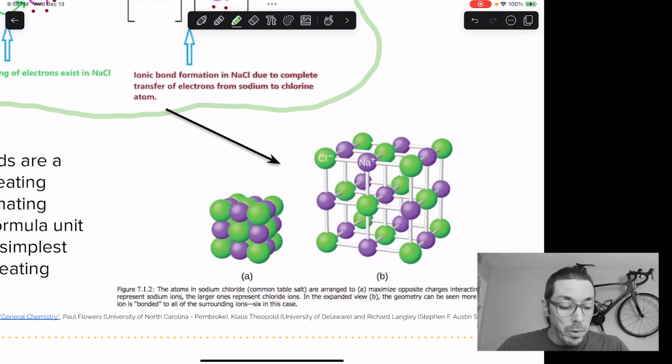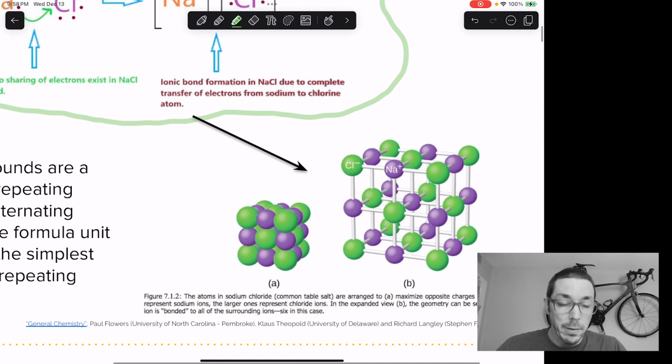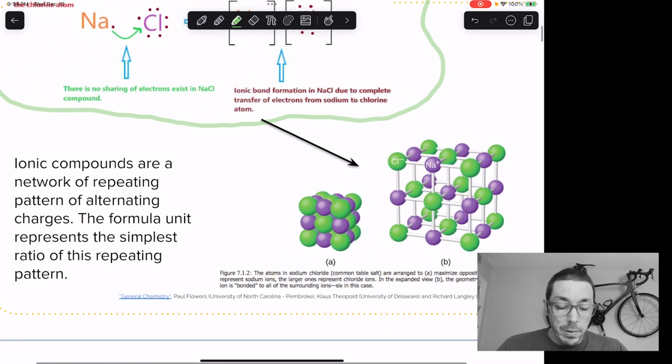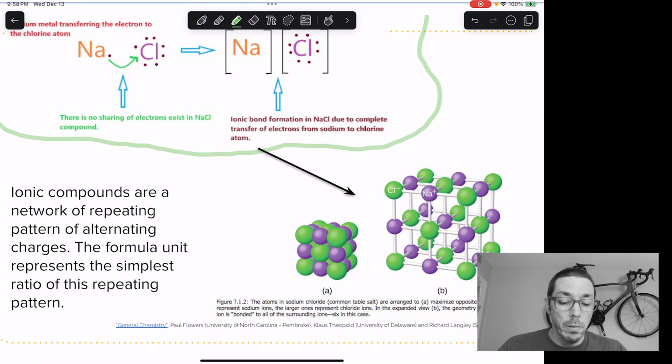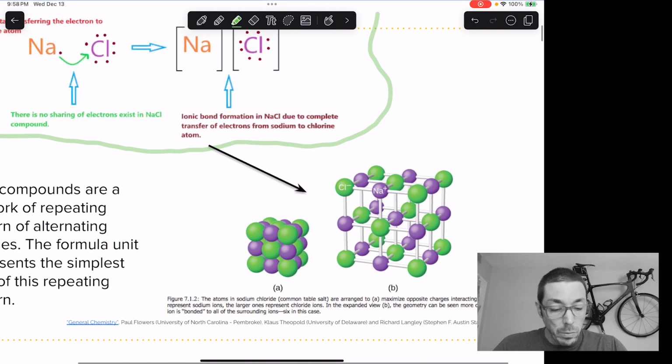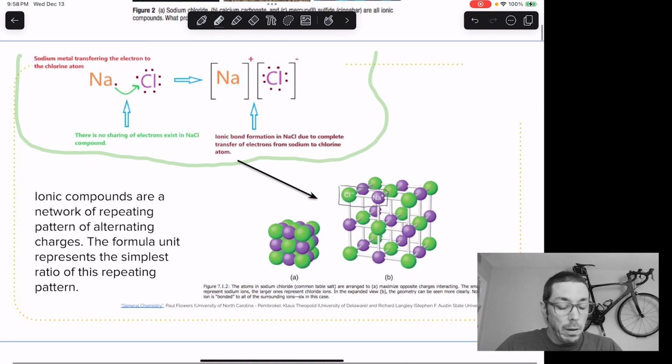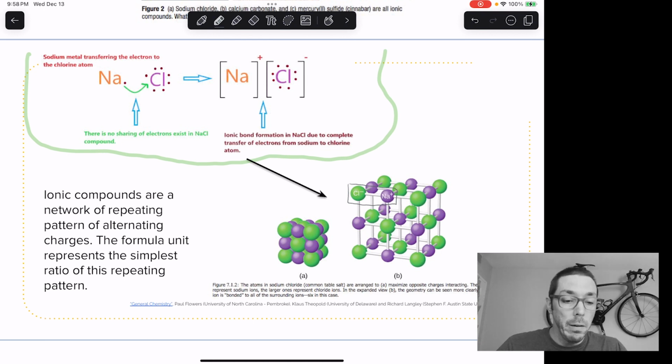Just insane numbers of these ions, all connected in this network structure. And so when we say the ionic compound formula is NaCl, we're just saying that that's the simplest repeating unit. So there's one NaCl right there, but you can see that it just keeps repeating over and over and over again. And however many of those units are all connected together, that's the extent of the size of the solid chunk of sodium chloride.